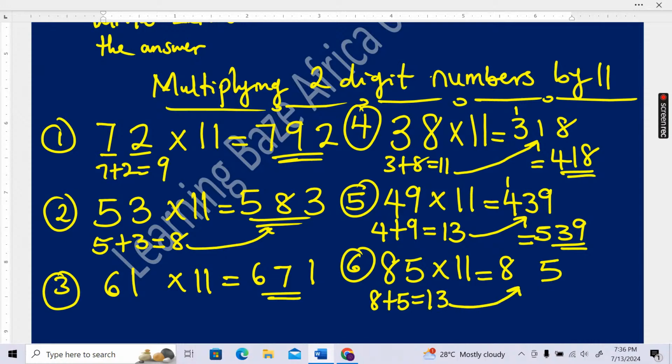So we'll write down 3 and carry 1 over. So that will be equal to 1 plus 8 is 9. Then you have 3. 85 times 11 is equal to 935.